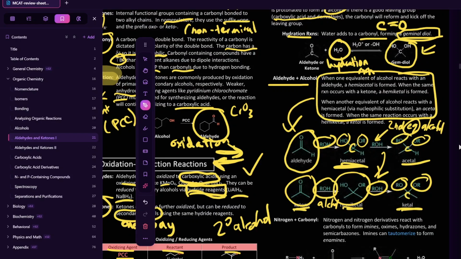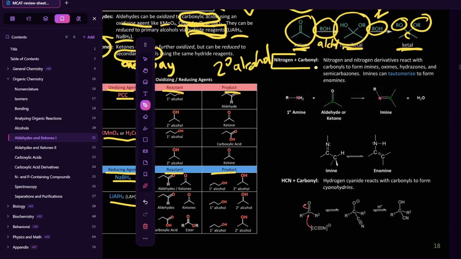Okay, so now we can get into nitrogen. So nitrogen plus a carbonyl. Nitrogen can be an attacker too, and that will lead to what we know as imines and enamines. So a primary amine can act as a nucleophile instead of an alcohol. It attacks a carbonyl. So here's a primary amine, and it attacks a carbonyl, and instead of this, you get this, which is what you see here, an imine.